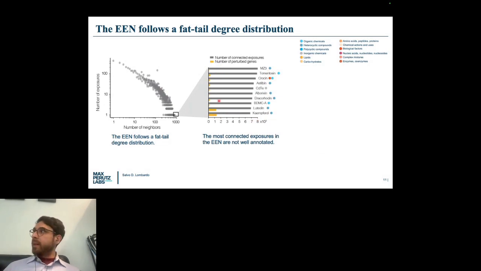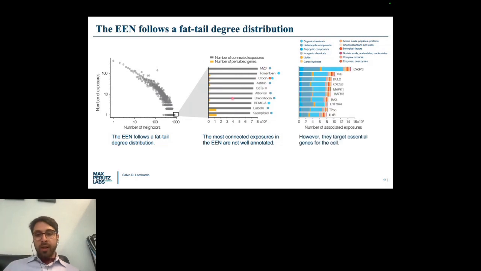which we believe is able to counter the literature bias, because when we look at those few genes that are perturbed by these exposures, those are actually very fundamental genes in the human cell for survival, because they are either caspases or members of the BCL families, or are responsible for the apoptosis pathway.